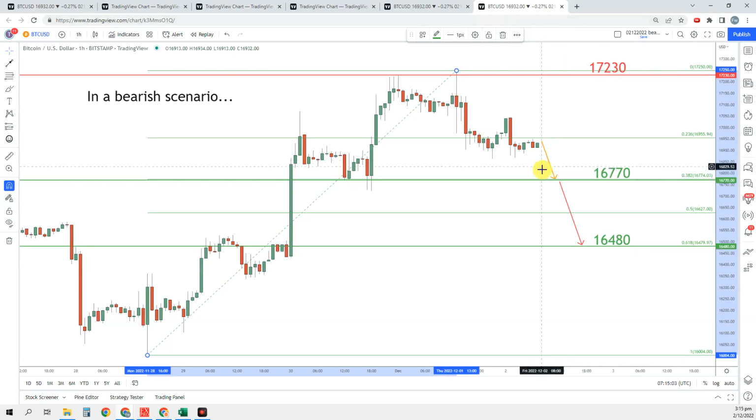So that is why these two levels are key if the market is in a bearish scenario. So first they would have to take out 16,770, and then once that is broken, I will actually give an update and show you what is the likely scenario.